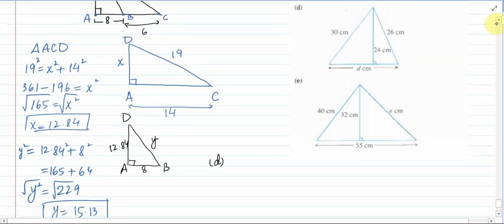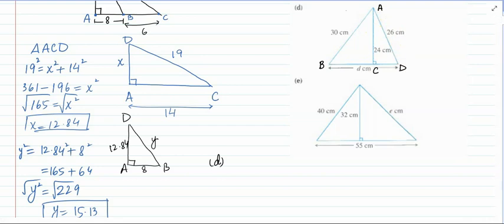Similar to part C, I am going to mention the variables here: A, B, C and D, right? So in triangle ACD, I have two lengths known, 26 and 24. At first I am going to pick triangle ACD, and secondly triangle ABC.